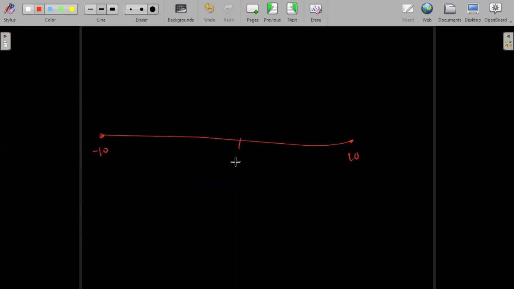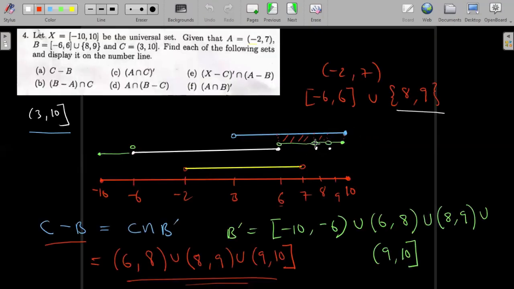So if I have my 6 here, my 8, and my 9, that is going to be open there. Then it goes all the way open there, and it's open there, and it's just going to be closed at that last point. So this is how you would plot the final answer. I don't know if we have any question.